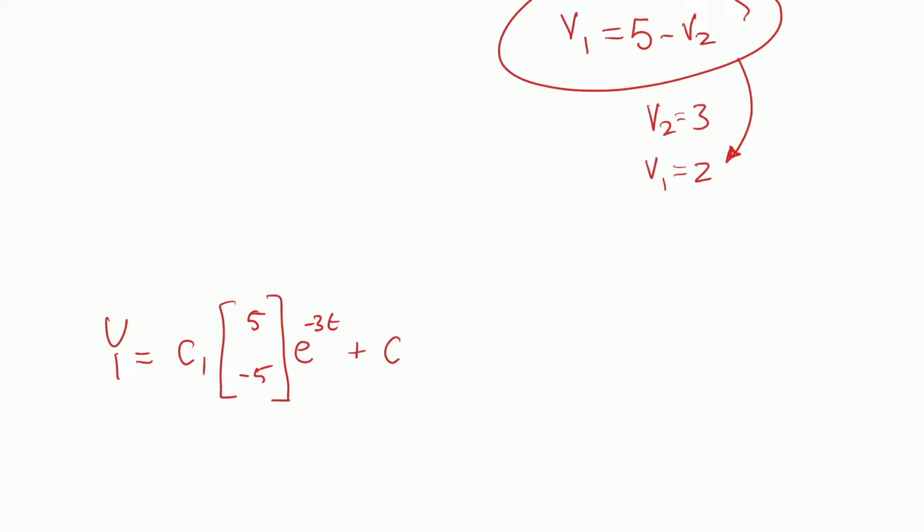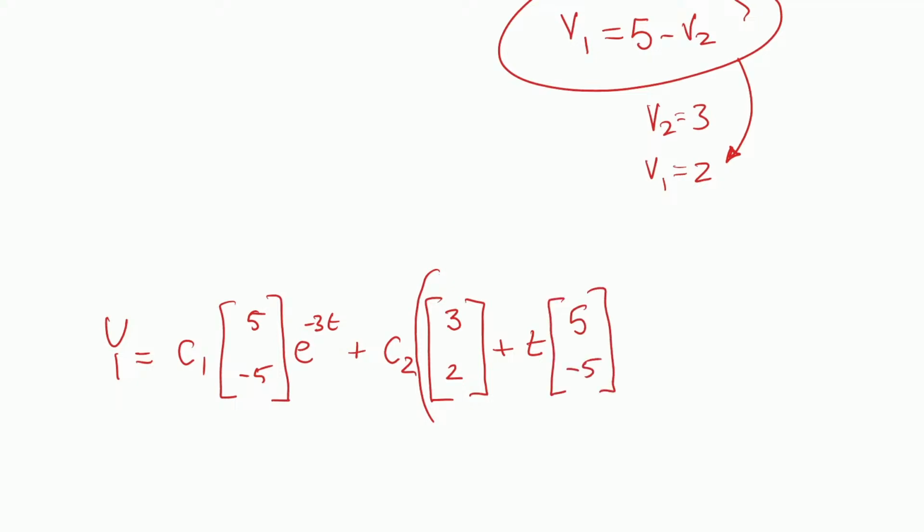Okay, now it's coming back. C2, I have to multiply this. This is going to be a little bit more complicated. Times the second eigenvector plus t times the first eigenvector, times e to the -3t.